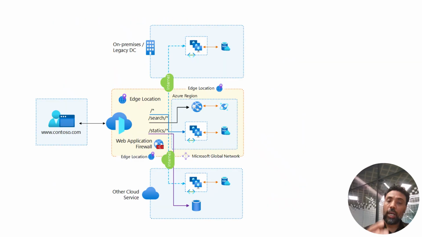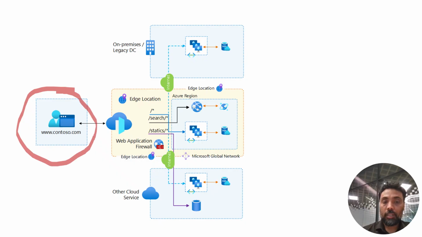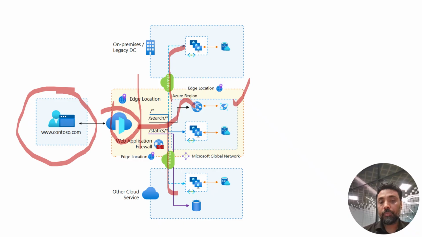Let's go and understand what I was talking about in the beginning. This is your domain. This is WAF, which is sitting on an edge location. After that, traffic reaches your region, your VNet, your environment, and then you are connecting those to on-prem and the multi-cloud environment.